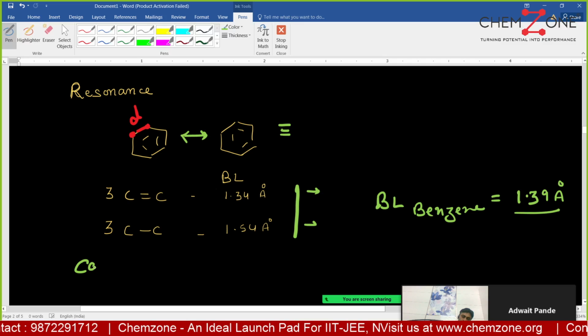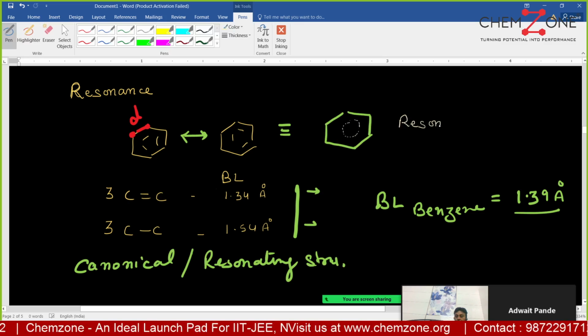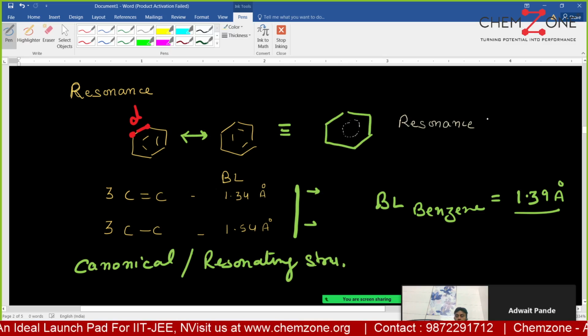But what we find here is the bond length is in between the two. It is neither a single bond nor a double bond, but it has a 1.5 bond. So I can show it like this. This is the real structure of benzene, and we call it a resonance hybrid structure.